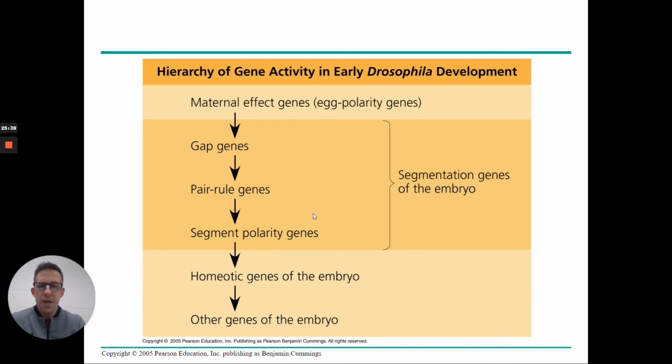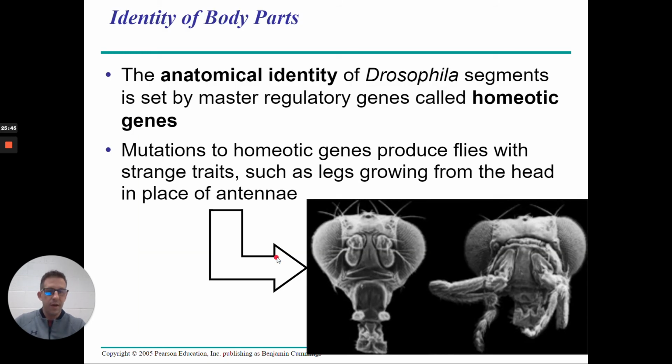The next set of genes to be activated are called homeotic genes, and those are the ones we're going to talk about next here. Homeotic genes are responsible for the anatomical identity of each segment. When these homeotic genes turn on here, because of this specific piece of chemical information, that means that the head region is going to form.